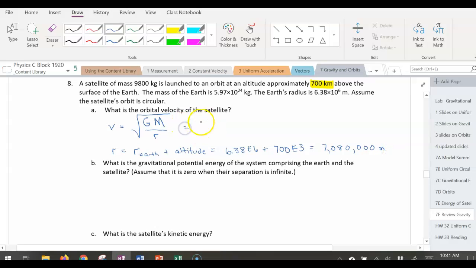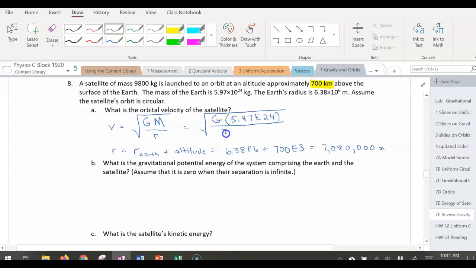So now we can find this orbital velocity. It's going to be the square root of G times the mass of the Earth, because the Earth is at the center of this satellite's orbit. It's the bigger mass, and that's the one that will determine the velocity of the satellite.